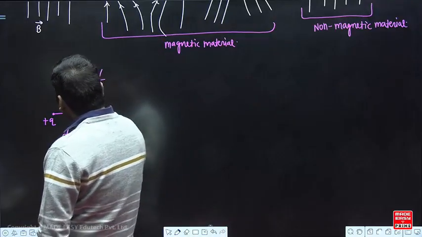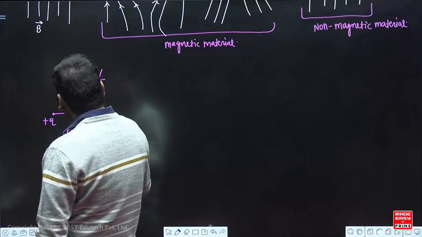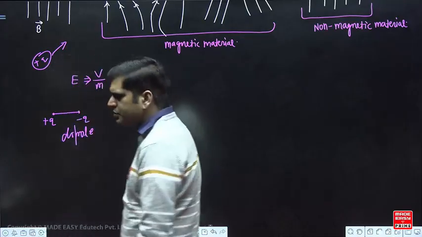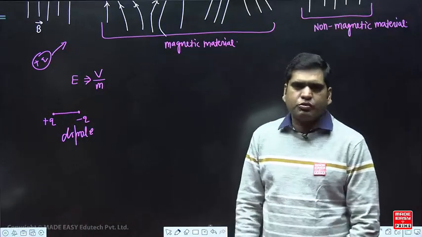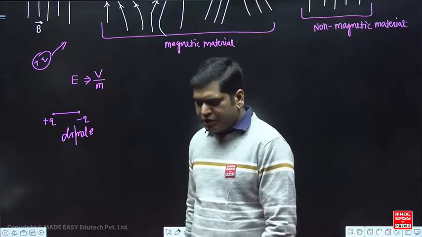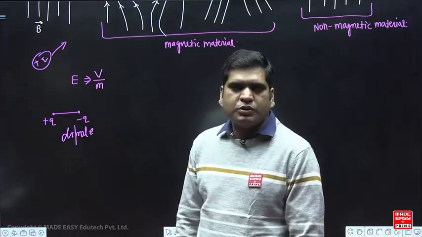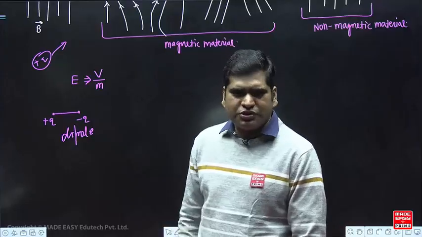It is a dipole. Electric monopole also exists, plus Q. There are several bodies which have only positive charge, or only negative charge, known as electric monopoles. So electric monopoles also exist in nature.